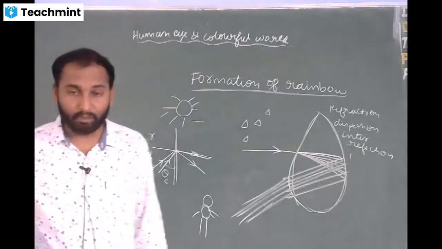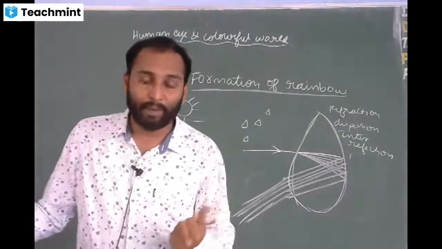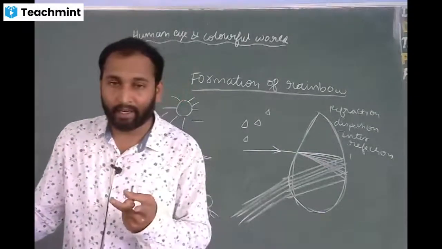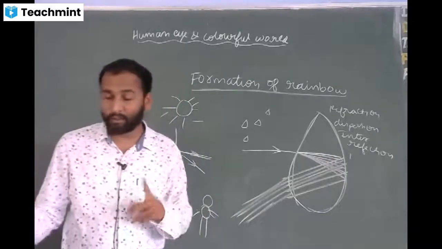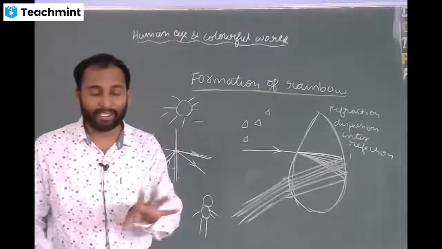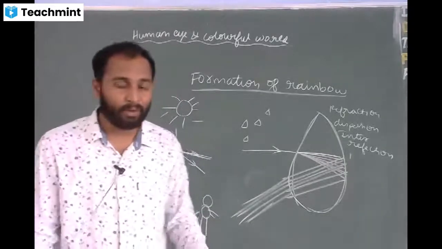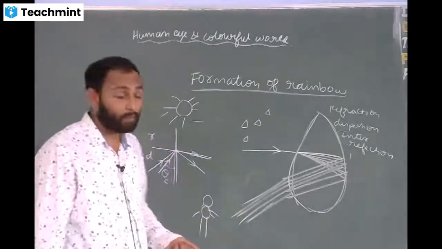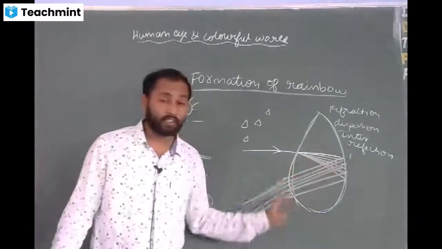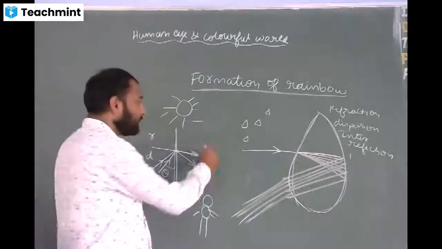So actually in rainbows there are two types. One is the primary rainbow and the other is the secondary rainbow. But in the syllabus they have given only the primary rainbow. They have just mentioned formation of rainbow. In the case of the secondary rainbow, internal reflection takes place twice.